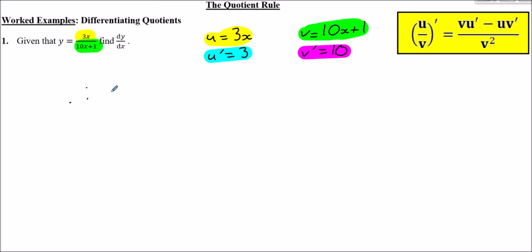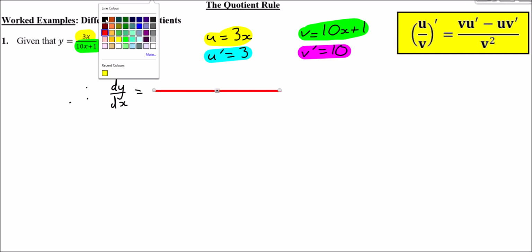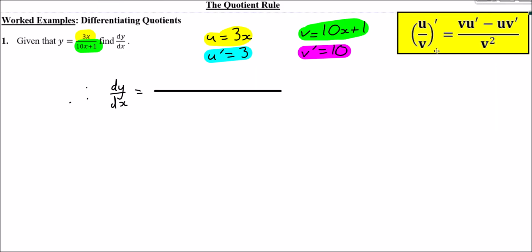So therefore, dy by dx is going to be v, let me change it to a standard black. There we go. So we've got (u over v) dashed, in other words our dy by dx we're trying to find, is the function v times u dashed.